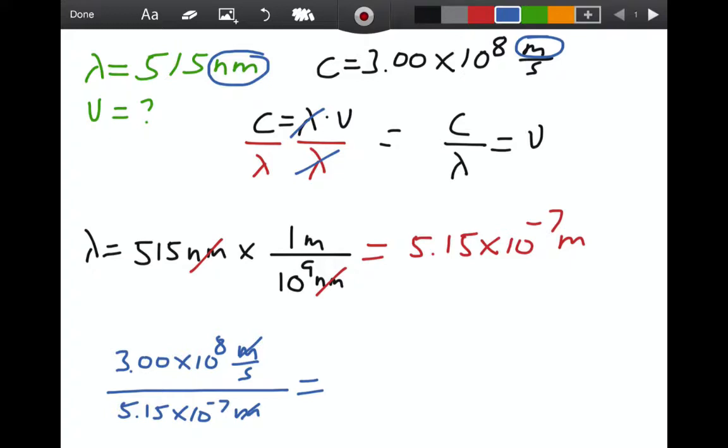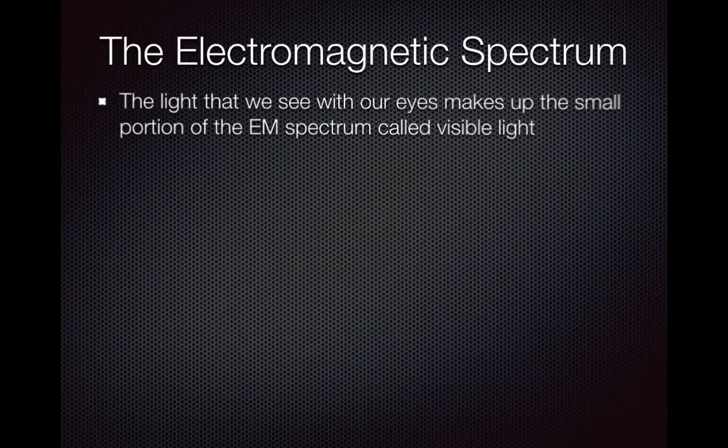It's a weird unit, but that's okay. We're going to see how that comes out. Now this comes out to be 5.83 times 10 to the 14th with units of 1 over second. Turns out 1 over second is in fact a frequency unit, and we give it a more appropriate name, and we see that it has a name of hertz.